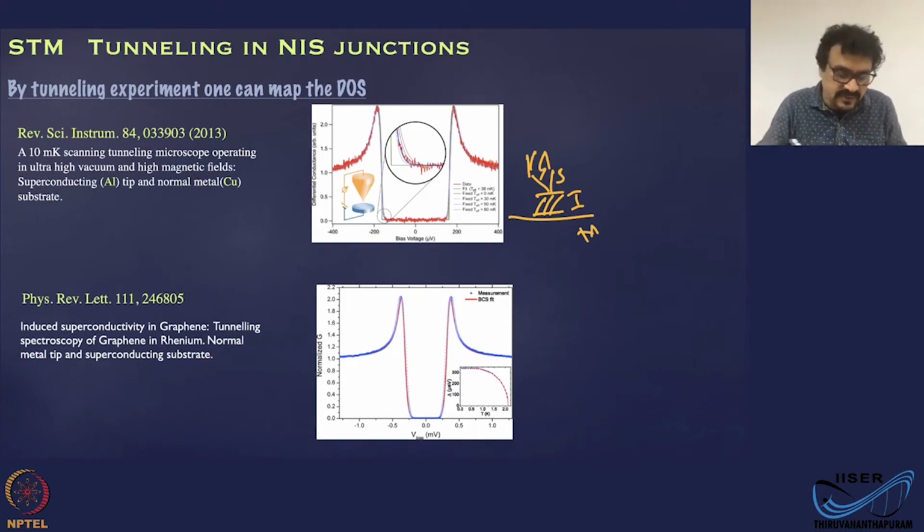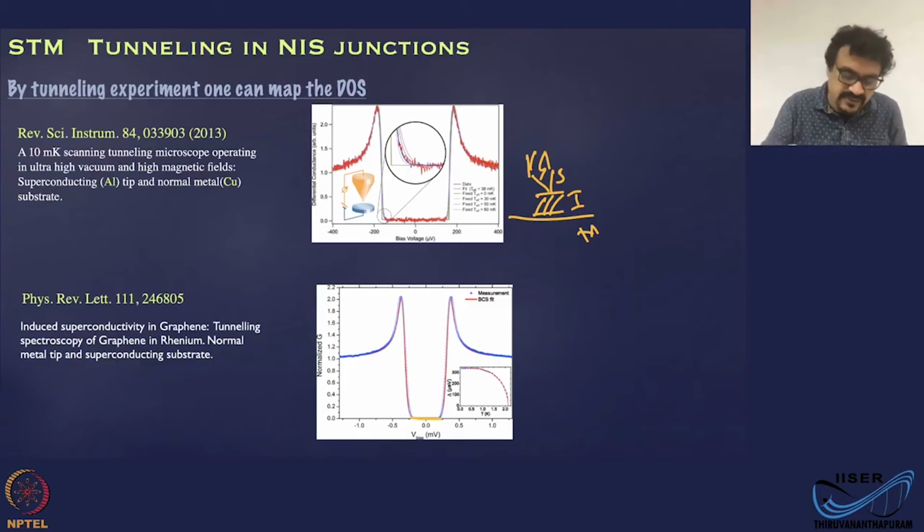Here also you are doing the same thing. All you need to do is slide the superconductor density of states past the metal density of states. Here also you can see that there is a gap in the middle, after which there is a rise in the conductivity. If you look carefully, the shape that you're getting for this conductivity is nothing but the density of states.